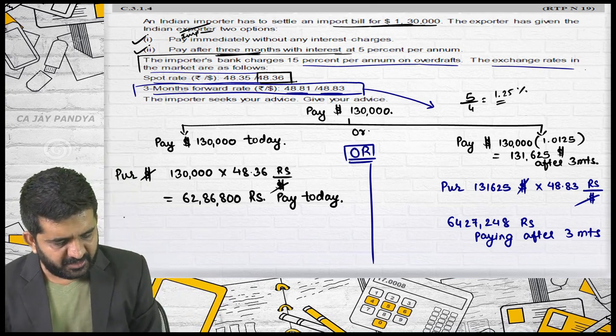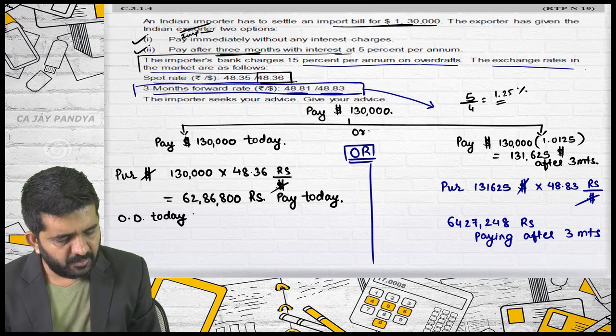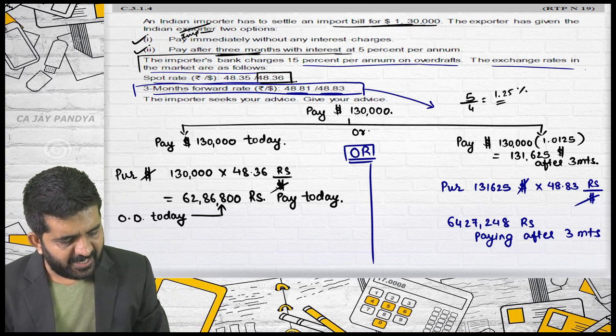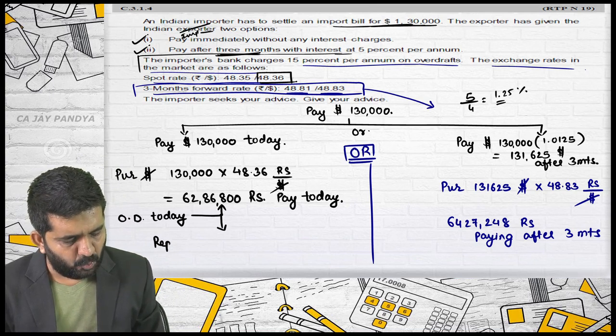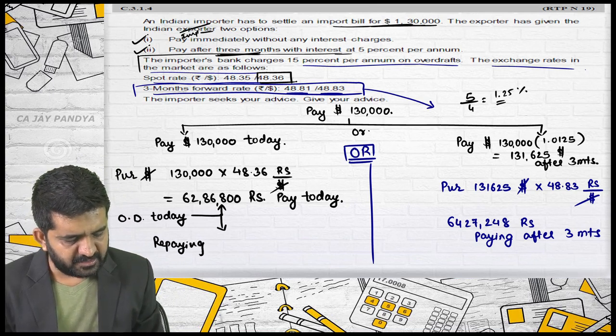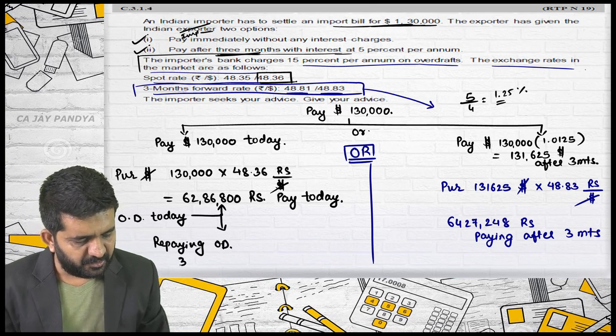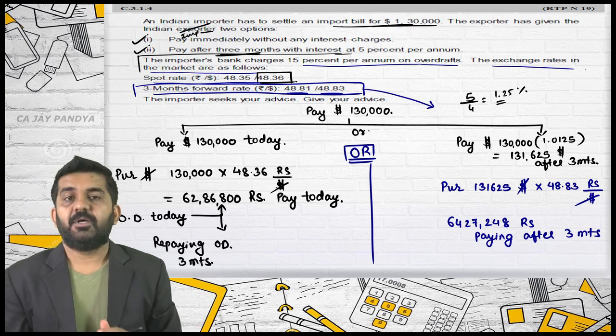So I will be taking an overdraft today for this, and I will be repaying the overdraft along with interest after 3 months. That's right.